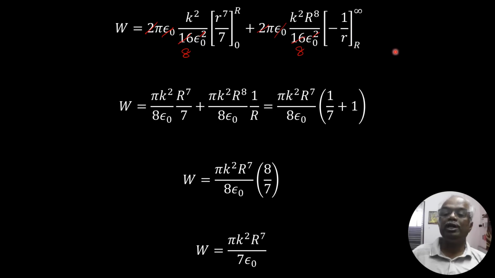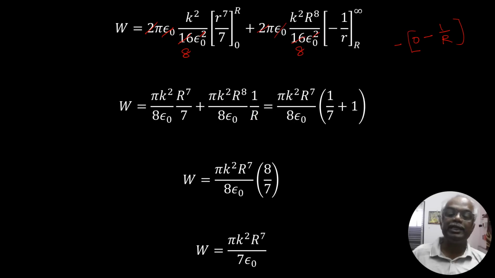Then 1 over r, remember that there is a minus. 1 over r is, first term is 1 over infinite 0, minus 1 over r is 1 over r. So minus of minus will become plus. So this will become simply plus 1 over r.